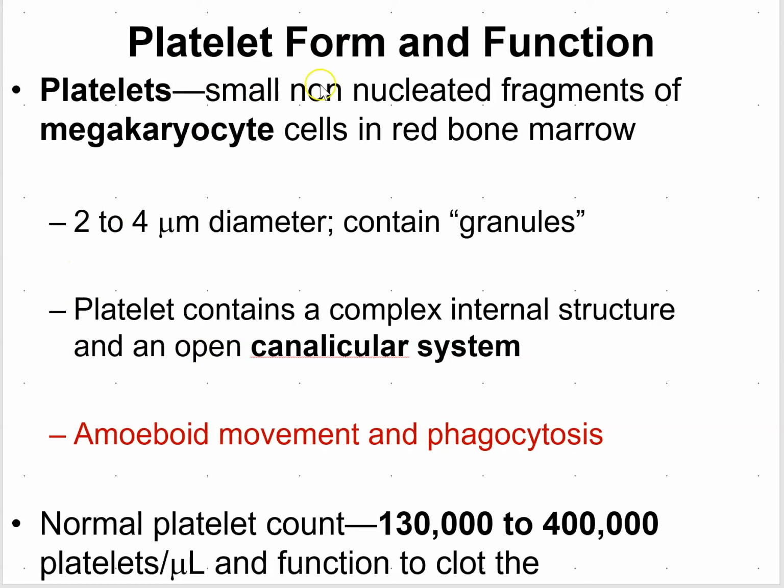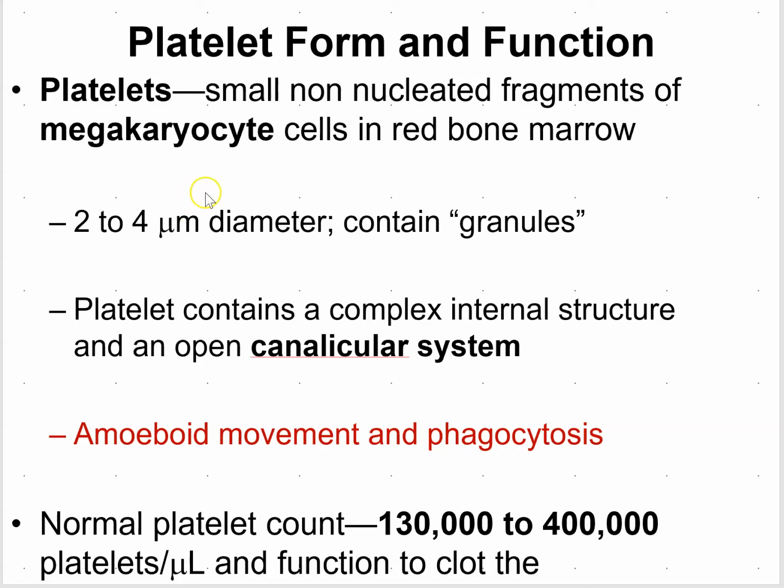Thrombocytes, or platelets, are small non-nucleated fragments of a cell known as a megakaryocyte. The platelet is not a cell, it's just a fragment of the cytoplasm which contains clotting factors. These are also descendants of myeloid stem cells.